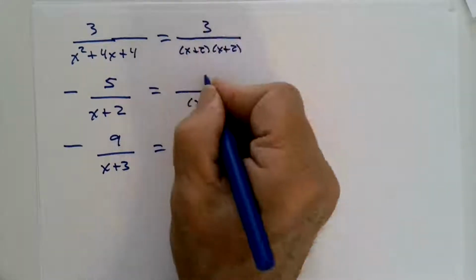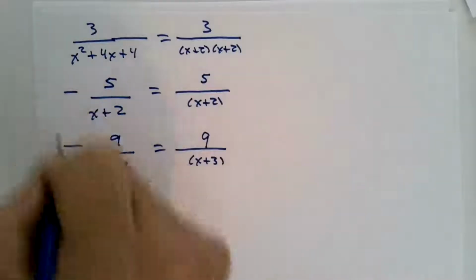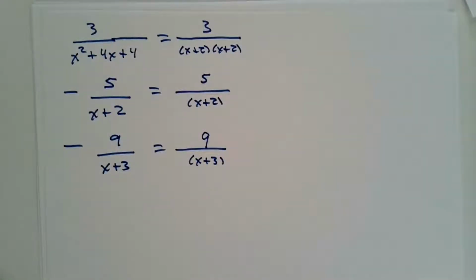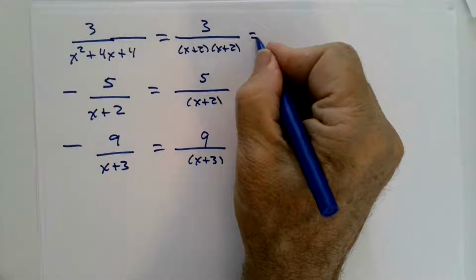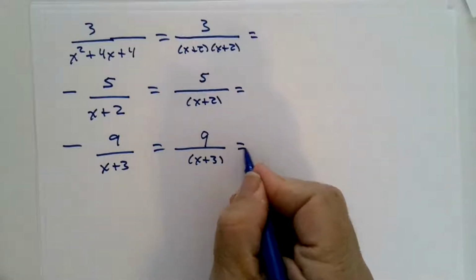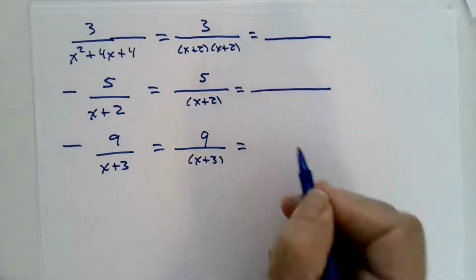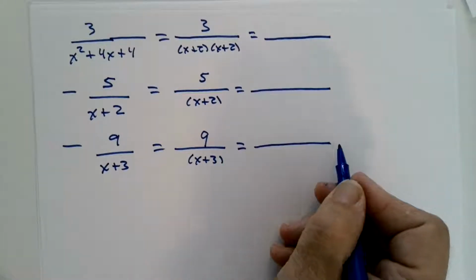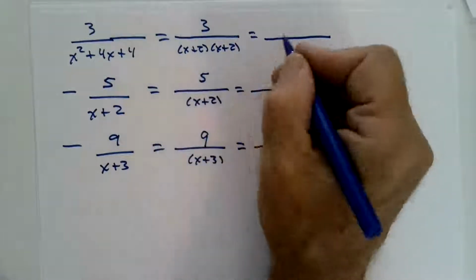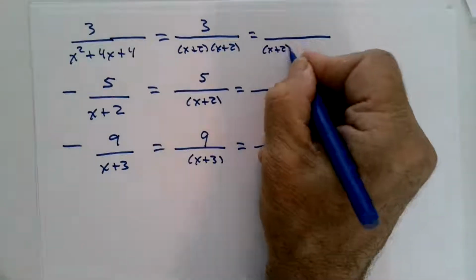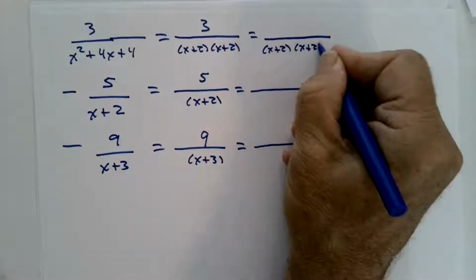So we have 3, we have 5, we have 9. I will worry about the minus signs at the end. Now I've got to build common denominators. I see x plus 2's and I see x plus 3's in the denominators. The most x plus 2's I see in any one place is 2 of them. So I need 2 x plus 2's in my common denominator.